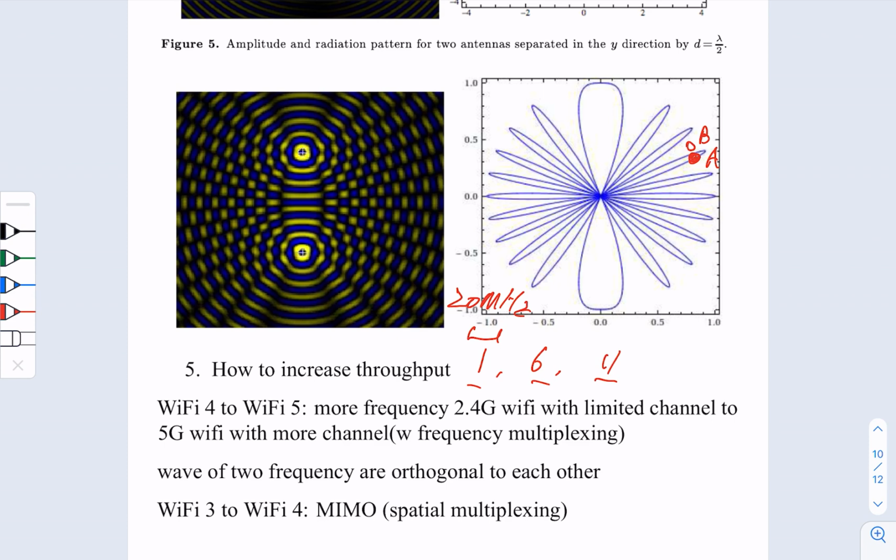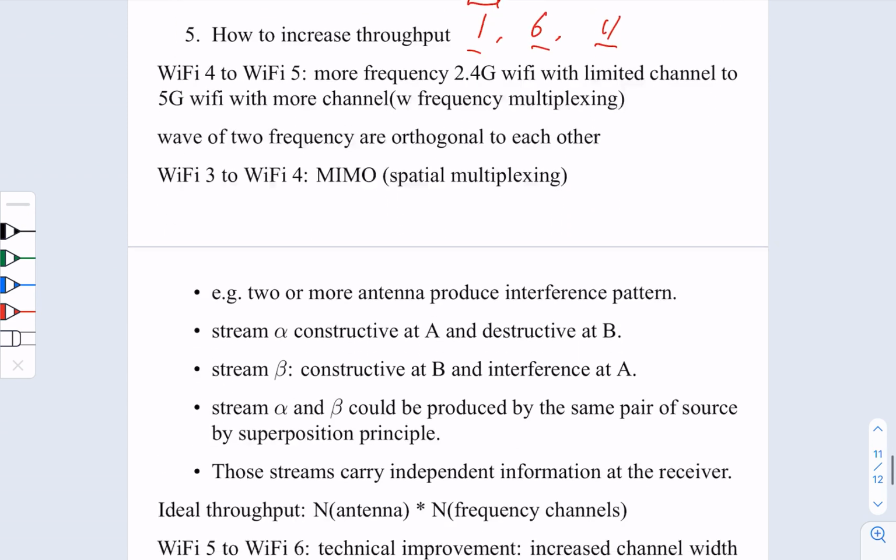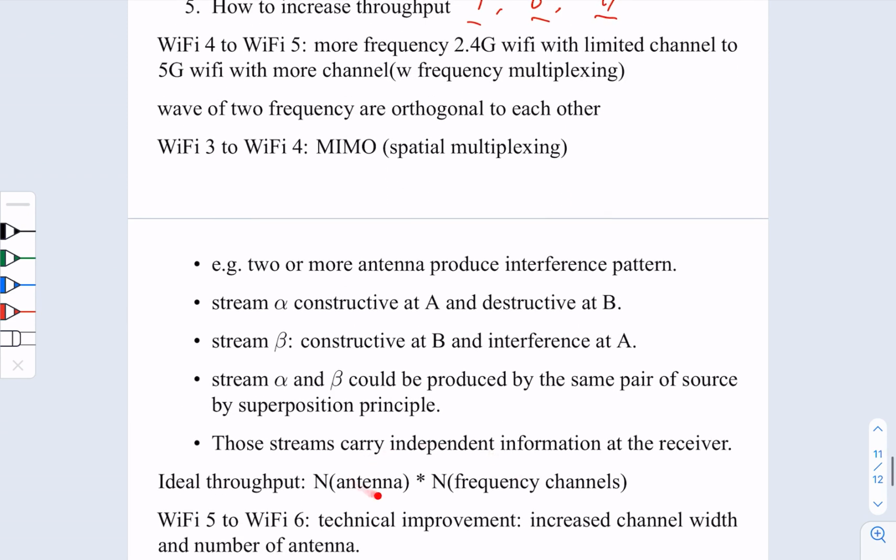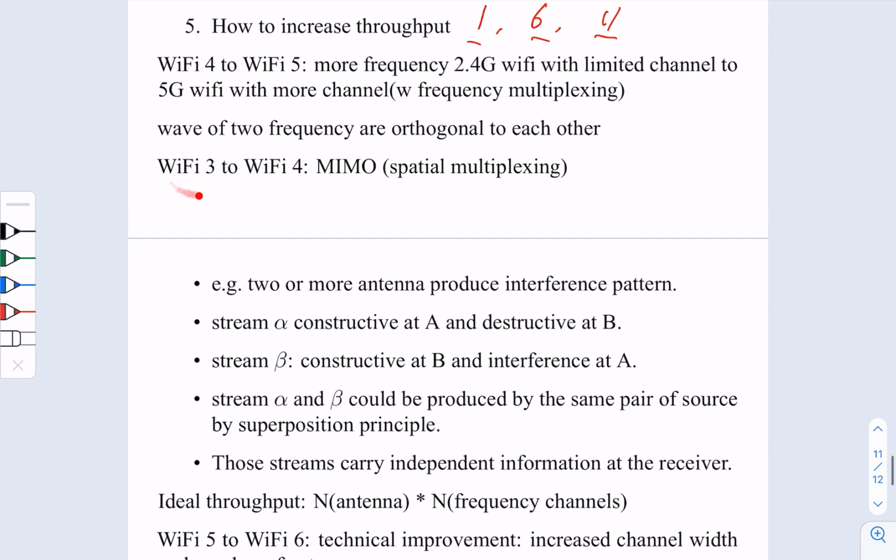So the throughput can be determined simply by the number of antennas and the number of frequency channels that are allowed. The next point is that we've discussed how Wi-Fi 3 to Wi-Fi 4 increases the throughput, and how Wi-Fi 4 to Wi-Fi 5 increases the throughput.